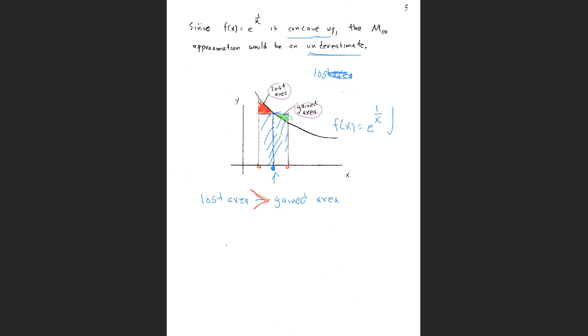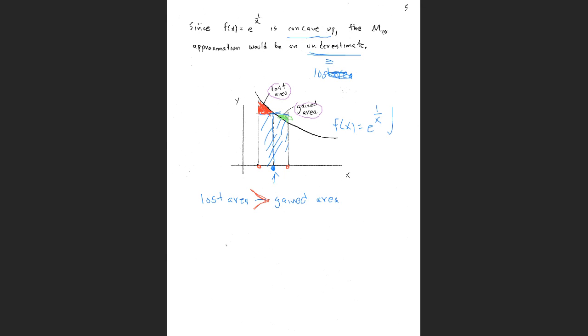In the net total, the midpoint rule approximation will underestimate the true value of the integral.